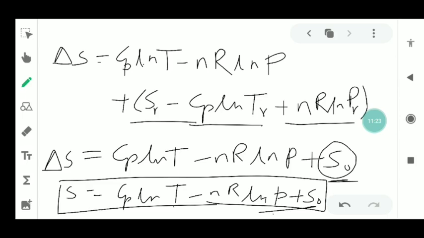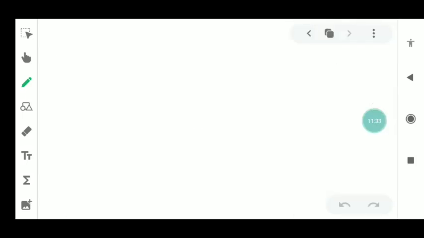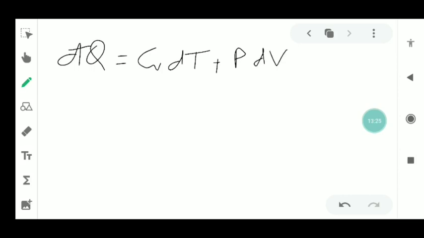Now if we know the volume and temperature, in that case we can consider dq is equal to Cv dt plus P dv. Now we do the same procedure as we did earlier.